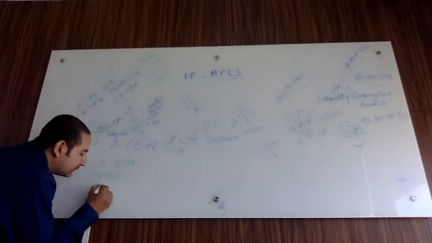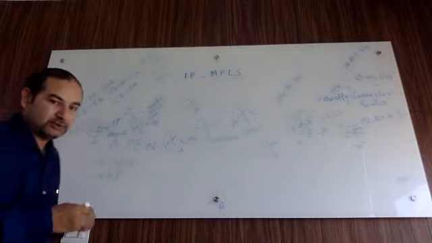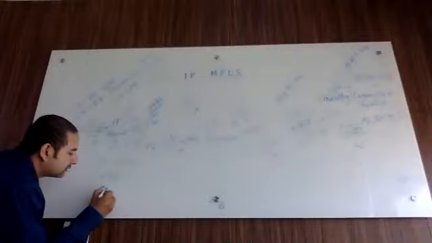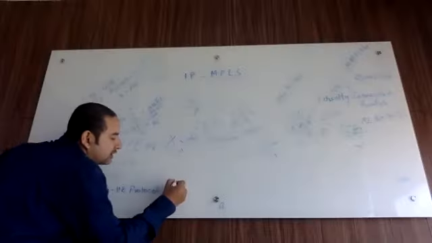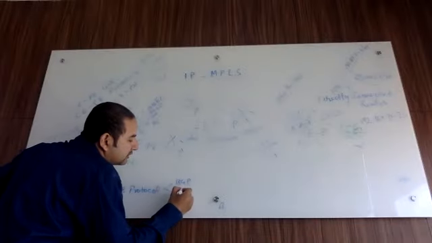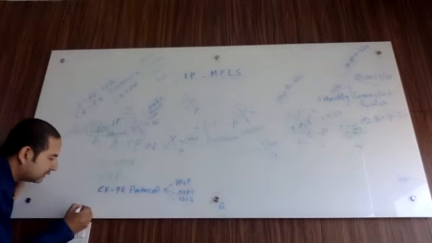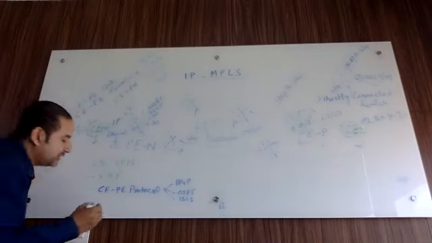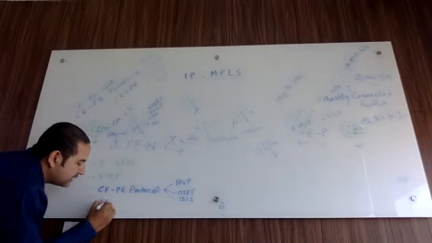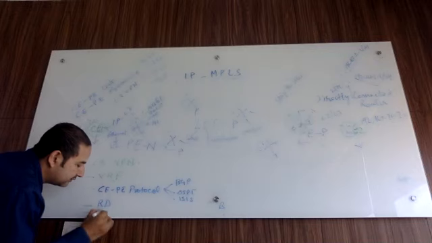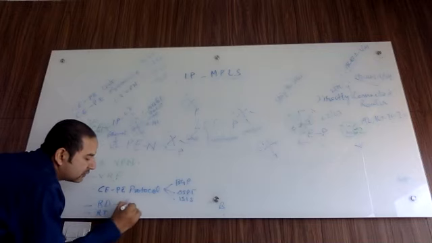Second is your PE protocol. Could be either BGP, OSPF, ISIS, or RIP. Then there will be RD and RT. RD means route distinguisher.